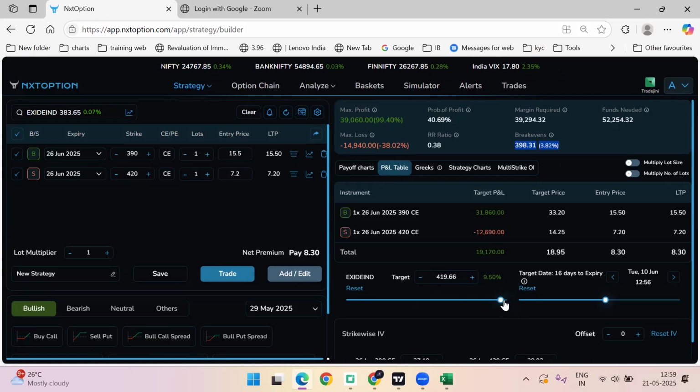If it goes to 420 here, due to delta, theta and vega factor combined, the expected premium is increased to 33. But the 420 call, which I sold at 7 rupees, will also increase to 14.65. Now, I can expect 19,620 by squaring off the position.